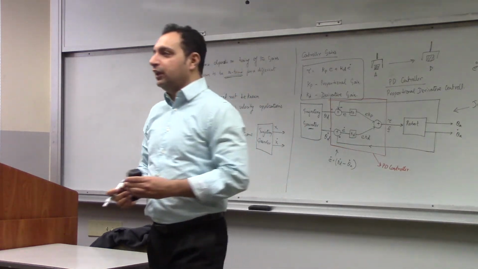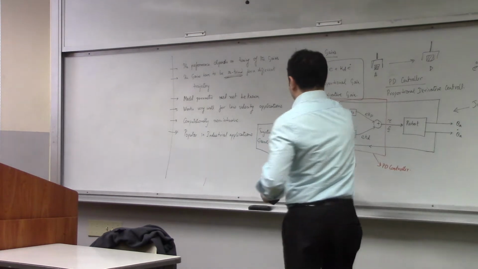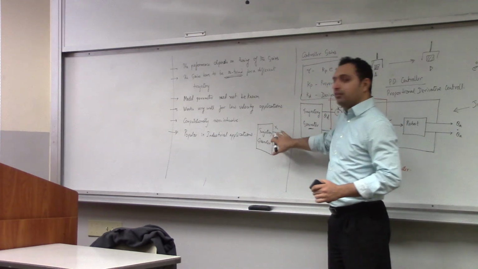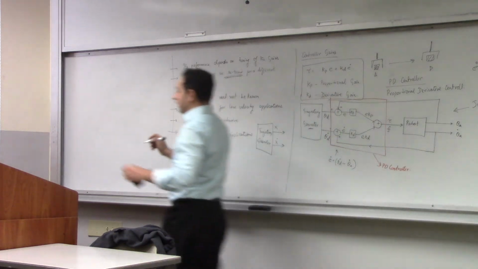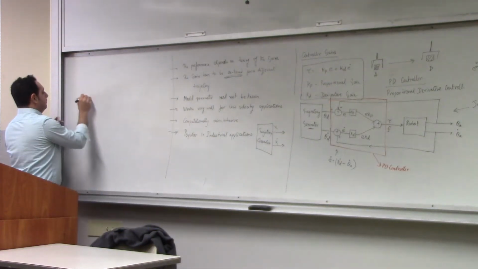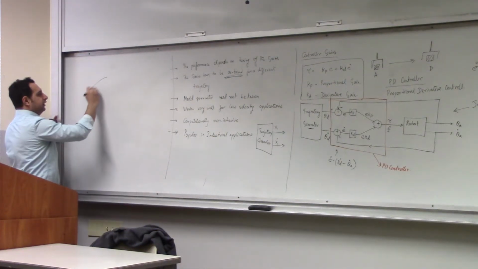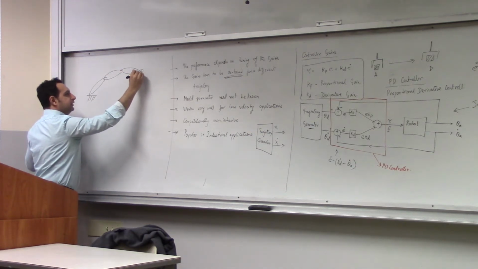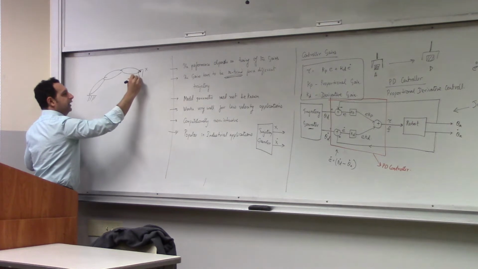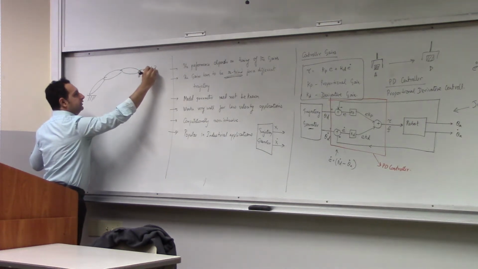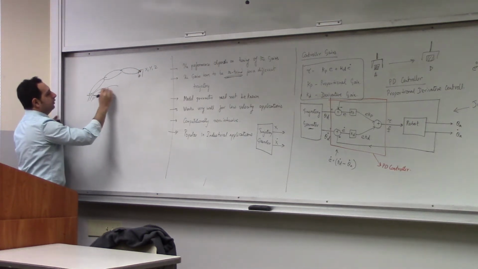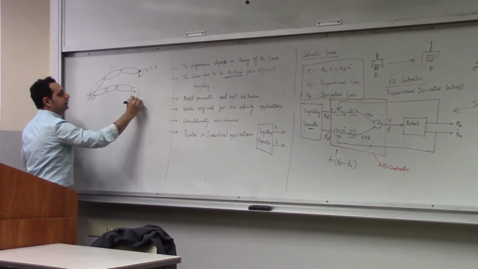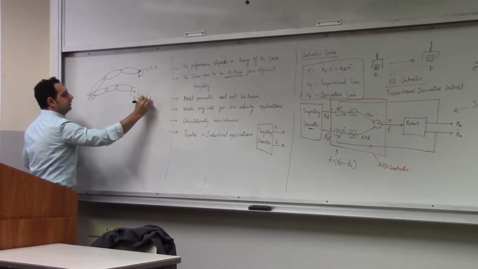If I want to work not in joint space, but I have a trajectory generator giving me X and Y. Let's say somebody gives me a trajectory in Cartesian space, moving from A, which is X, Y, Z, to some point B, which is X dash, Y dash, Z dash.